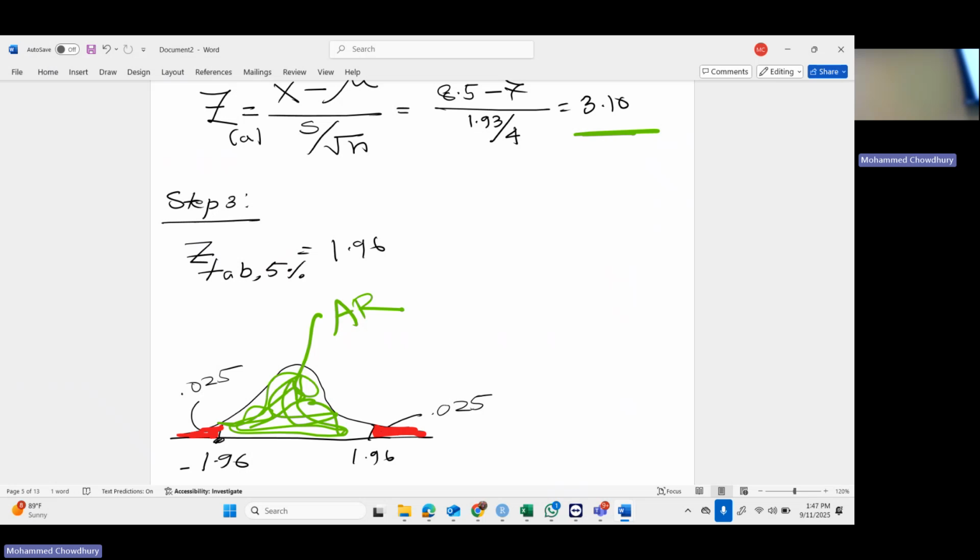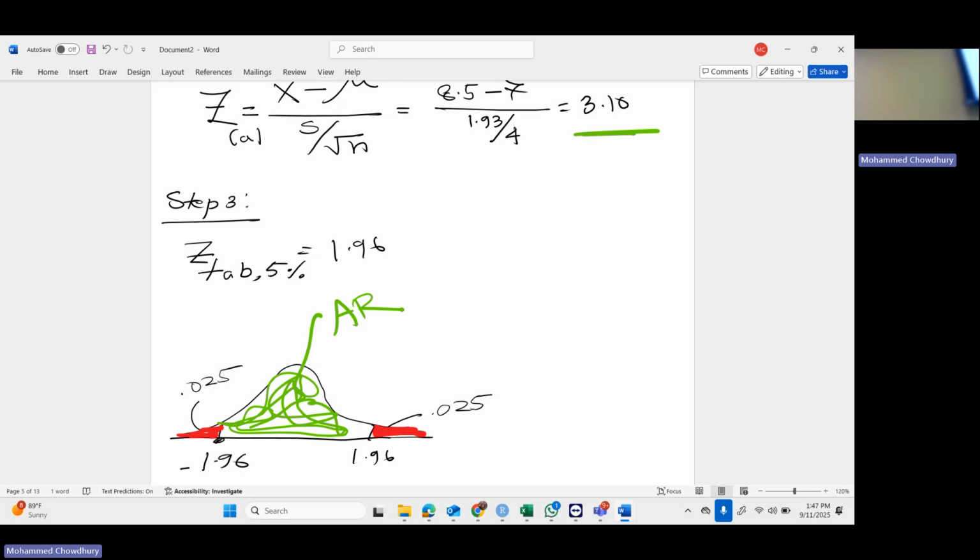But what about the other ones? That is number 2 and number 3, which I am coming to. So what was the 3.10? It is calculated from the formula, X bar minus mu over S over square root of n.